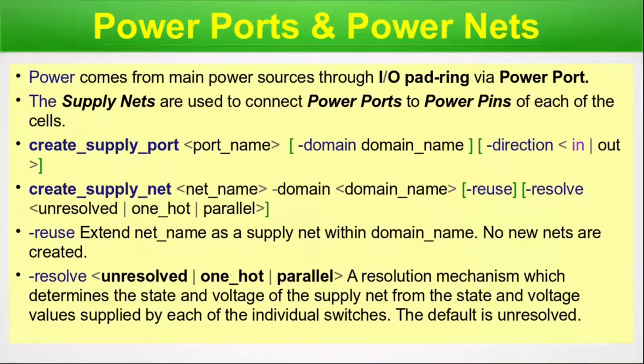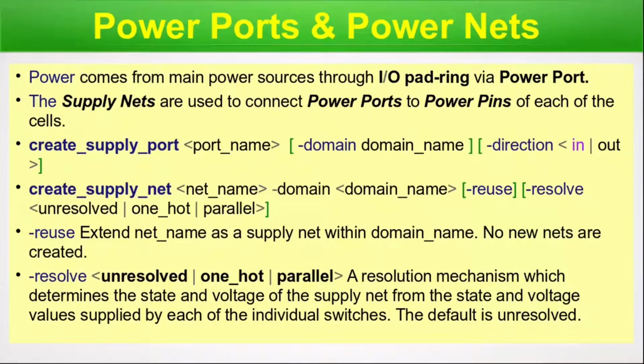Next, the resolve one. This resolve is the resolution mechanism which determines the state and the voltage of the supply net from the state and voltage values supplied by each of the individual switches. Default is unresolved. So this resolution means that when a supply net is created, how much it is driving. If it is unresolved, that means nothing is properly mentioned. One hot means this supply net is acting like a multiplexer. That means there are multiple outputs, and it is supplying one at a time.